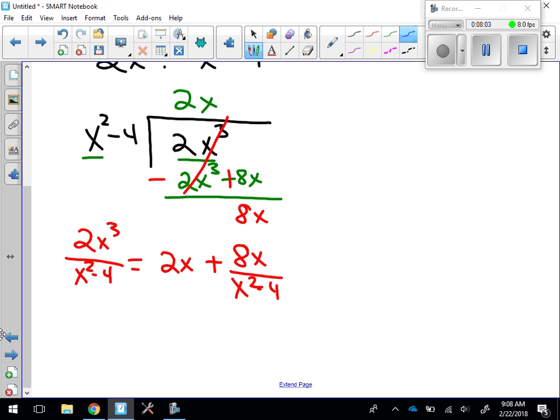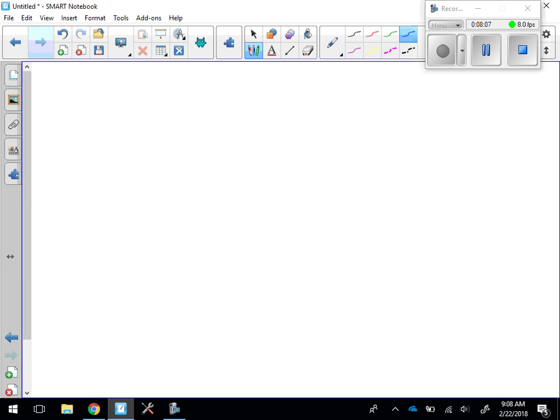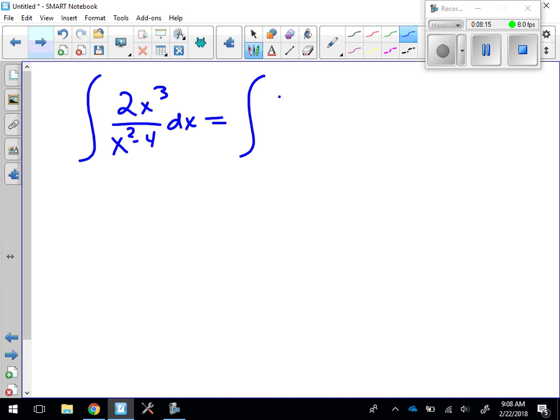It's a remainder. Okay. So we're just going to write this again. All right, so what I have is 2x cubed over x squared minus 4 dx. This is going to become the integral of 2x plus 8x over x squared minus 4 dx.